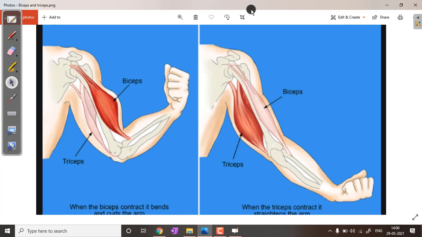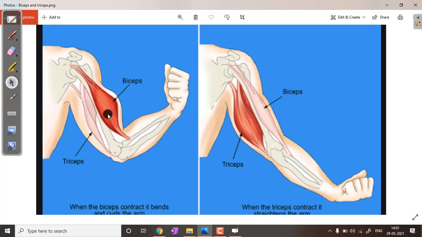I remember by 2 always present above. So bicep is always present on the upper side of the humerus, whereas tricep is present on the lower side of the humerus, and both these muscles are attached to the humerus, scapula, radius. You can see the attachment also with the help of tendons.